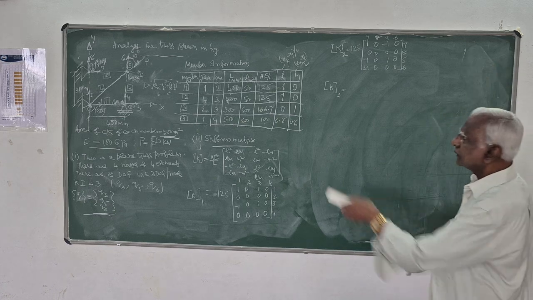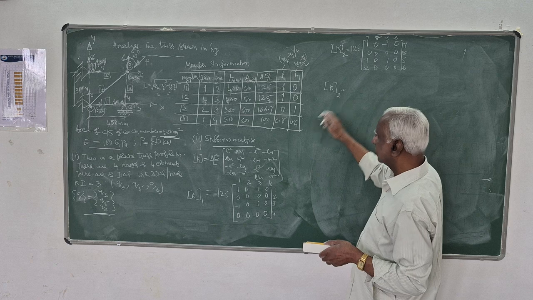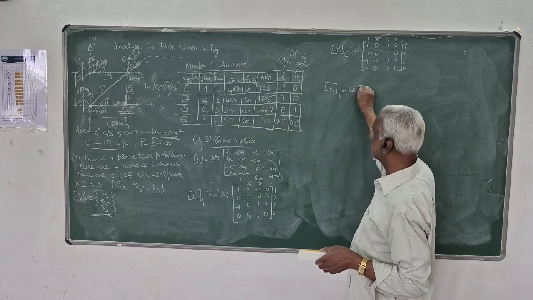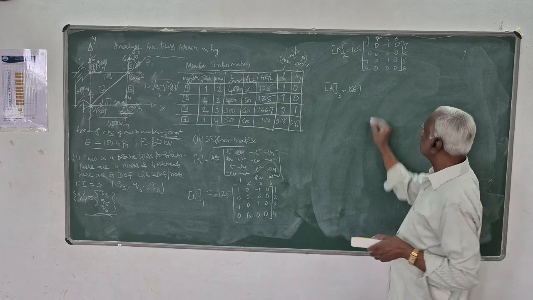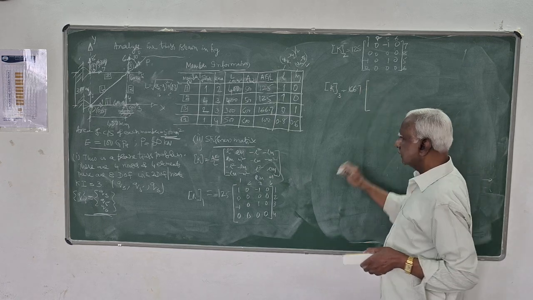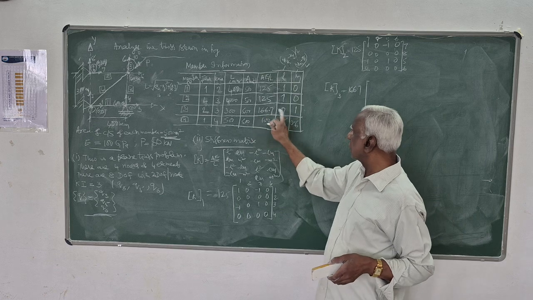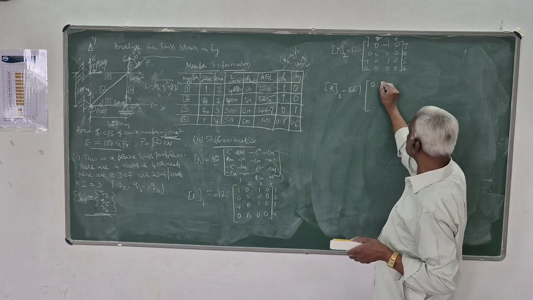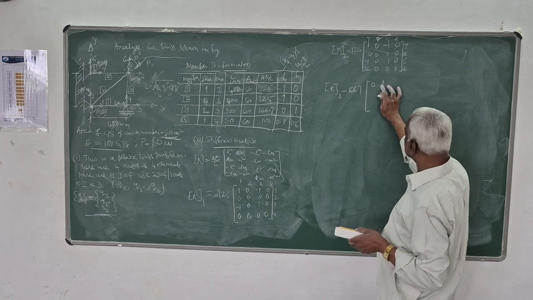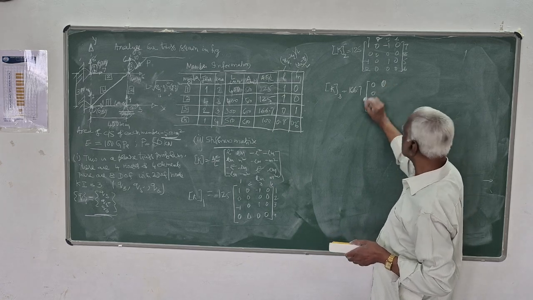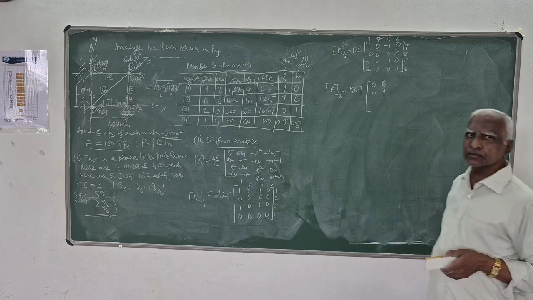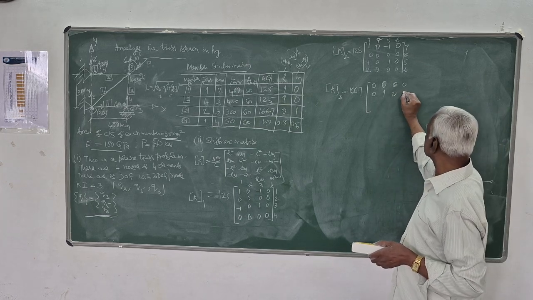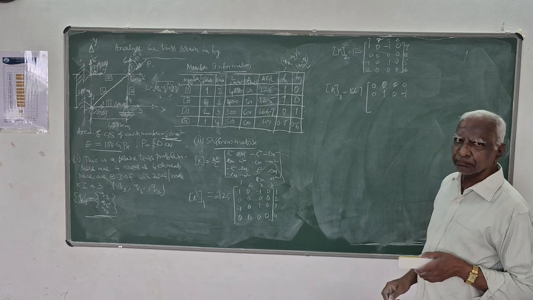Then K3, it is this vertical member for which AE by L is 166.7. For this L and M are 0 and 1. So L squared is 0, LM is 0, this LM 0, M squared is 1. So this will be minus 1.